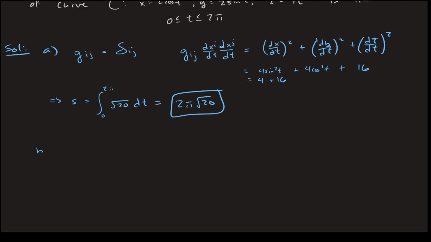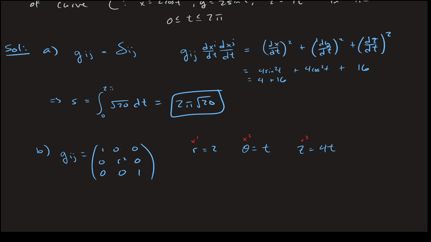Part B, g_ij is equal to 1, 0, 0, or sorry, it's three-dimensional. So 1, 0, 0, 0, r squared, 0, 0, 0, 1. But now our coordinates are r equals 2, theta equals t, and z equals 4t. So now our coordinates x1, x2, x3 look like this.